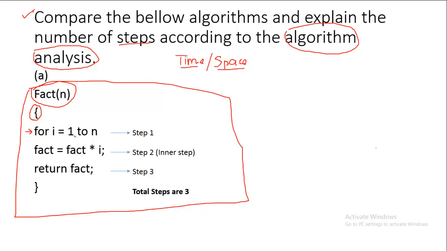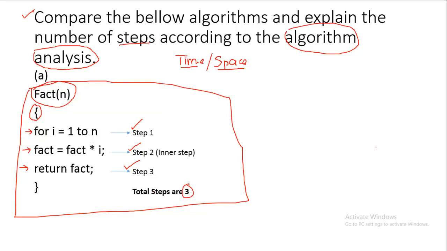So for i equal to 1 to n is actually your step number 1, and then this inner side, the part of the for loop, can be considered an inner step, so step 2. And obviously it will return a result, the factorial, and that's step 3. So it means that in this program we have a total of 3 steps.